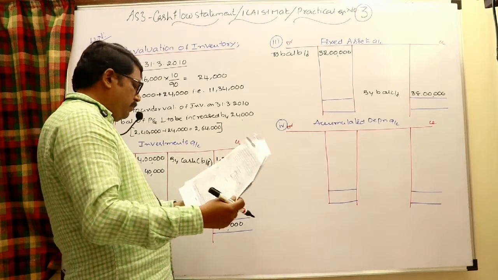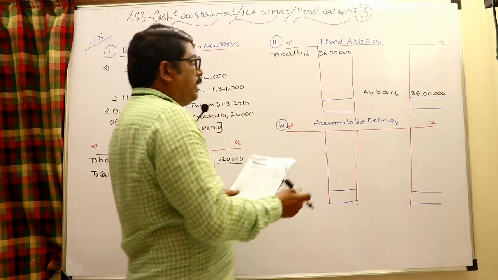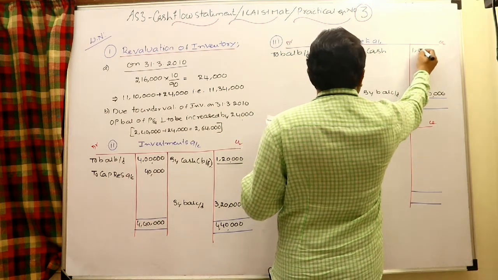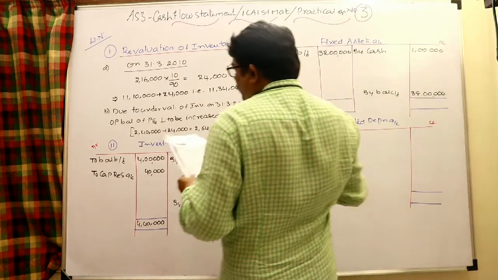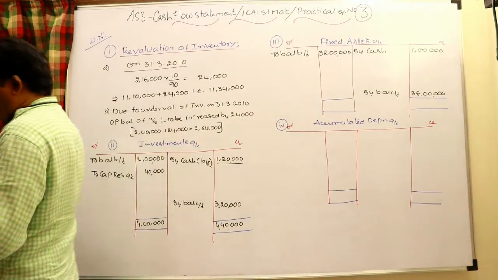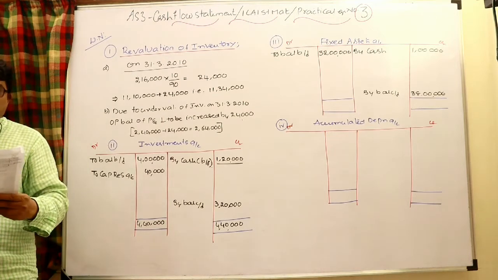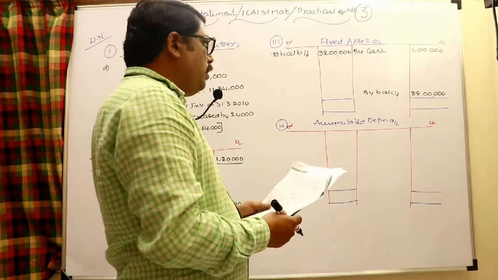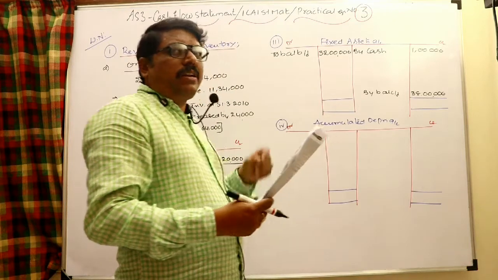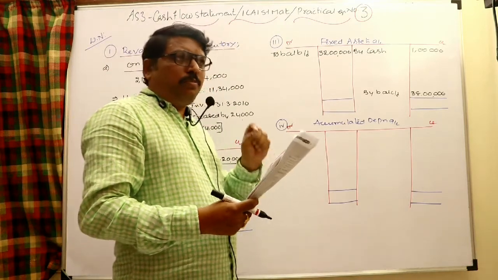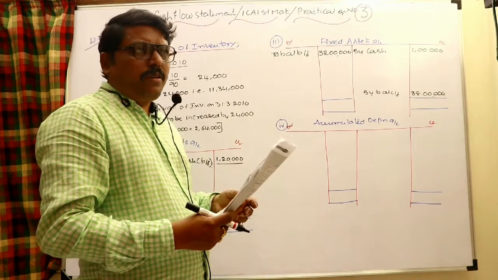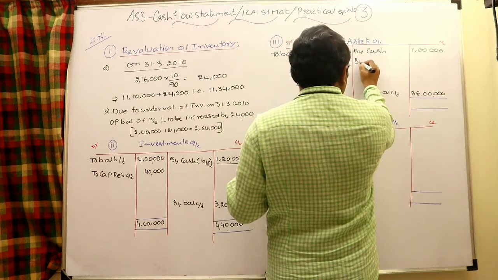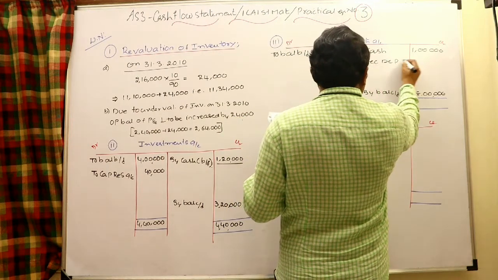It is mentioned that a fixed asset is sold at 1 lakh. Entry: cash account to fixed asset, in the fixed assets by cash 1 lakh, and that should be shown as an investing activity. Meanwhile, it is said that for that asset the original cost is 2 lakhs, and the accumulated depreciation is 80,000. Under the provision method, whenever an asset is sold, the entire provision should be transferred from the provision account to the asset account: in the asset, by provision for depreciation, or by accumulated depreciation, 80,000.